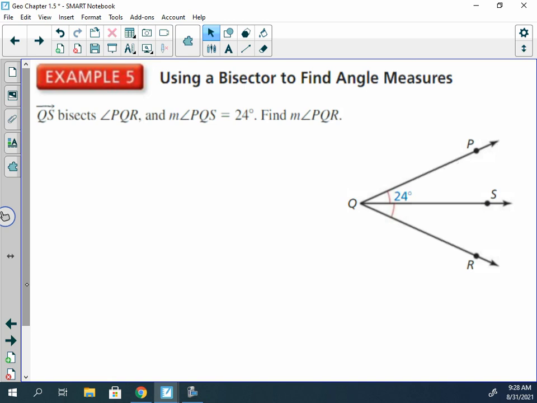So when we look at this here, it says that ray QS bisects the angle PQR. So that means it cuts it in half, yes? Okay, that might be helpful. Angle PQS is 24. They filled it in. What's this other angle down here? It's going to be 24 degrees also because it cuts it in half.